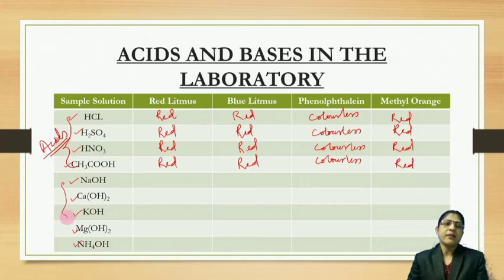All these are bases. How do they change the color? Red litmus turns blue, RBB, since these are bases.